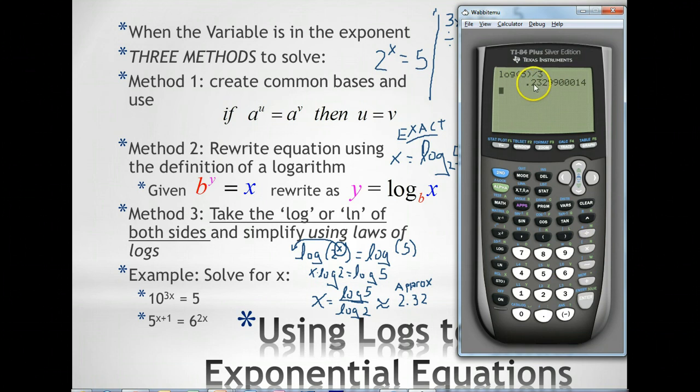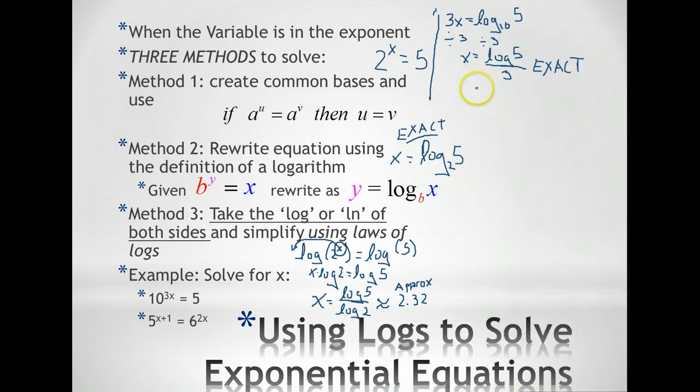So 0.23299. Let's go to 3 decimal places this time. Since it's a 9 next to the third spot, I'm going to round up. So 0.233 is the correct number. This is approximately equal to 0.233.